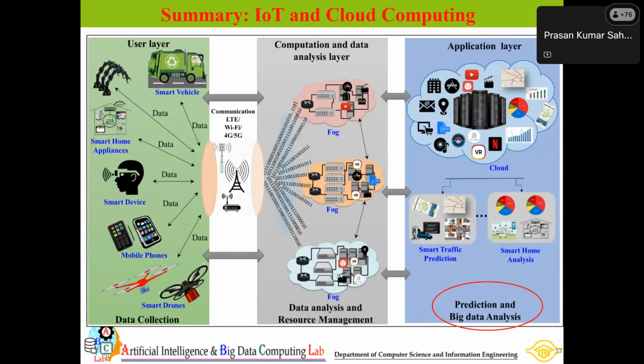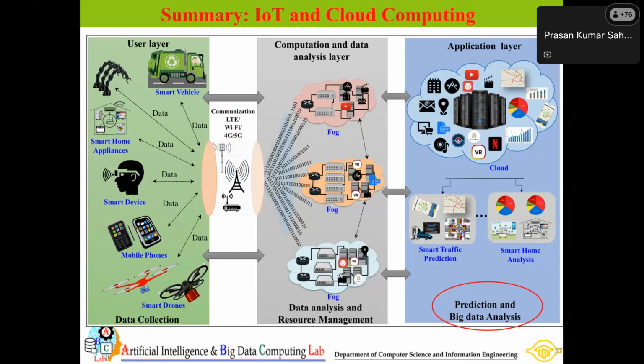Since the topic is related to data, it is related to data analytics. As I have mentioned, the IoT devices are the physical system, and then the cloud and fog devices are the cyber system. Then we have the user layer, the application layer, and the computation and data analysis layer.